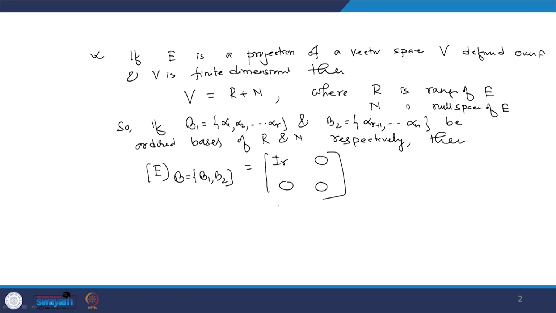B2 is the ordered basis for the null space. So, the matrix representation of E will be of this structure. It is a very simplified structure.